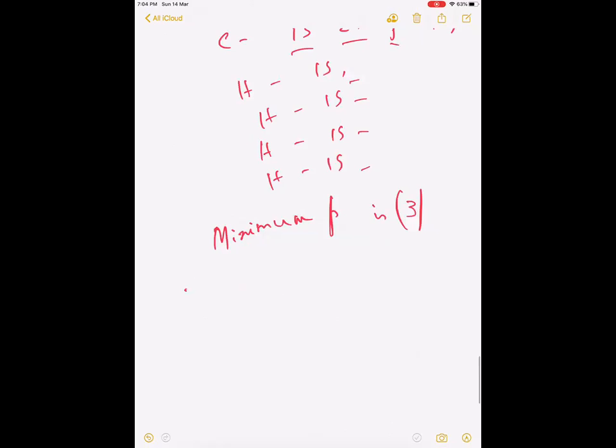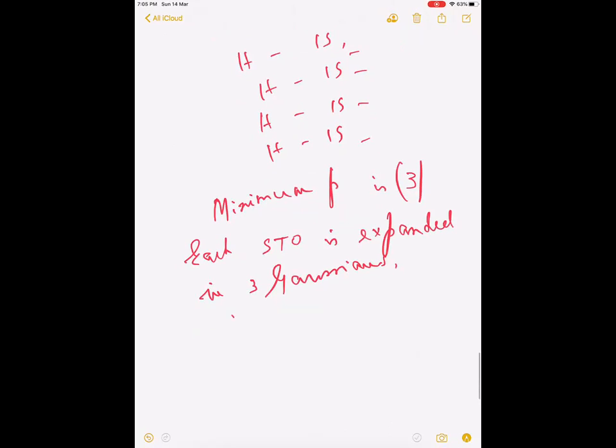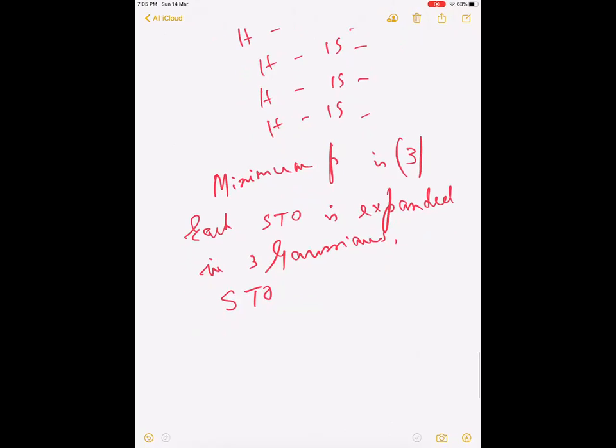So if each of the Slater orbitals is expanded by 3 Gaussians, this basis set is known as a minimal basis, but it is simply written as STO3G.